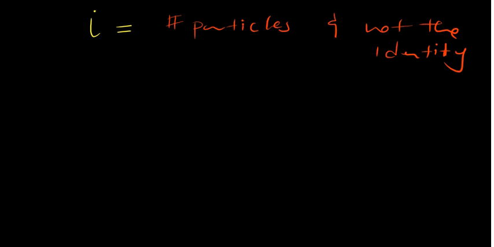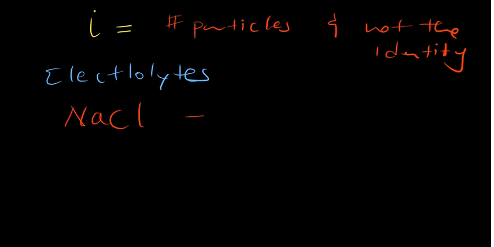So if you have ions or electrolytes, in other terms, these get to split when you put them in a solution. The simple example you can consider is sodium chloride as a salt. It's going to break into sodium and chloride ions.